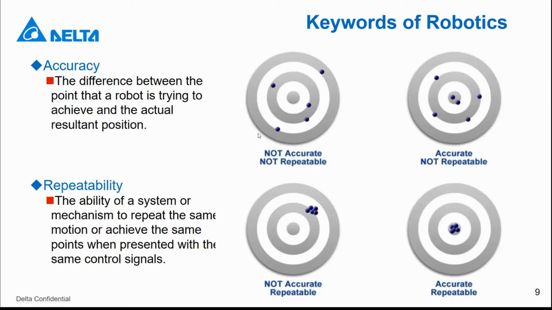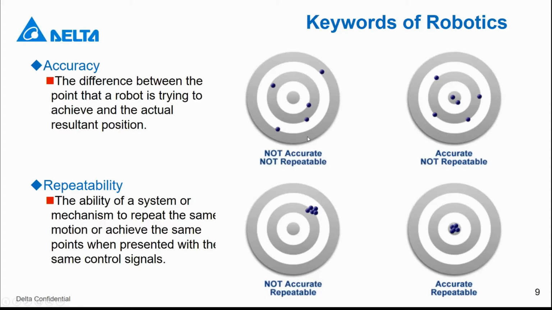ideas. In the first picture, you can see the middle is our target. We want to reach this center point, and all those blue dots are where the robot reached. You can see all these dots are not on the target we want, and they are really random.